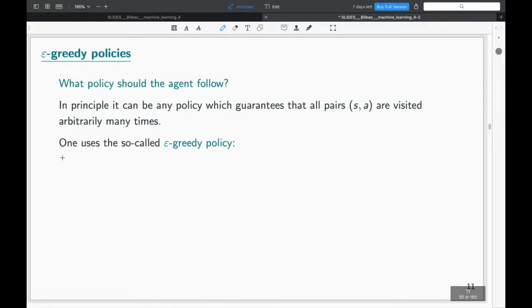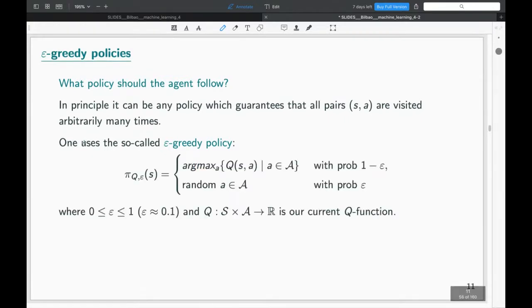But people use the so-called epsilon greedy policy, which is defined in this form. So this would be the epsilon greedy policy with respect to a map Q. The action assigned to state S by this policy is either a random action with probability epsilon, or it just behaves like the greedy policy with probability 1 minus epsilon.